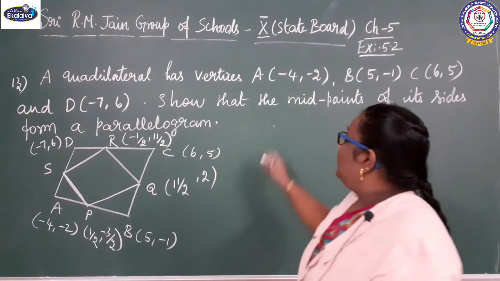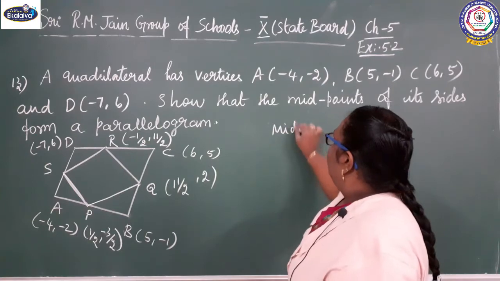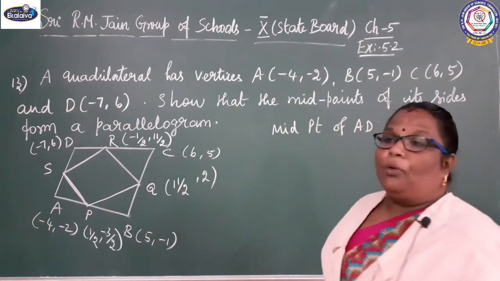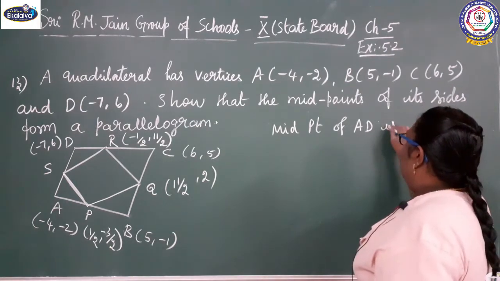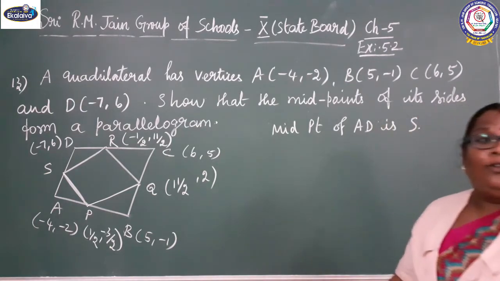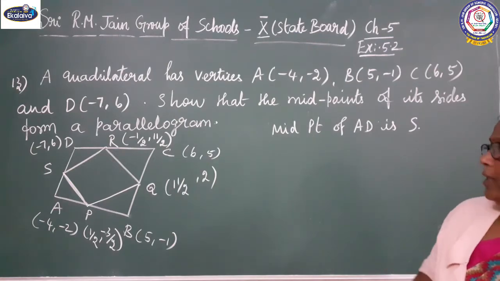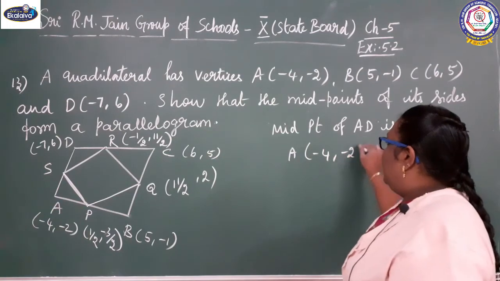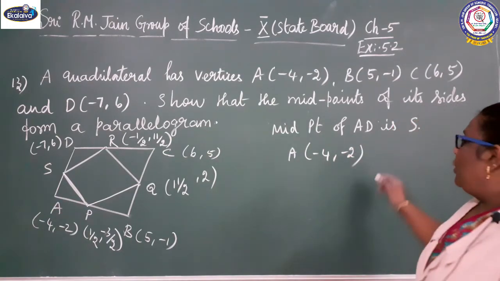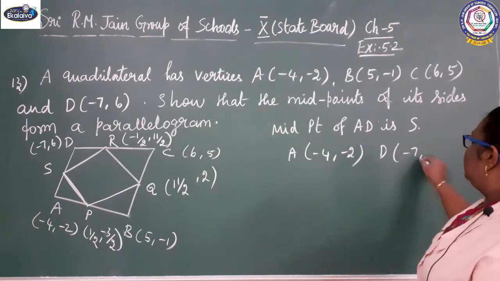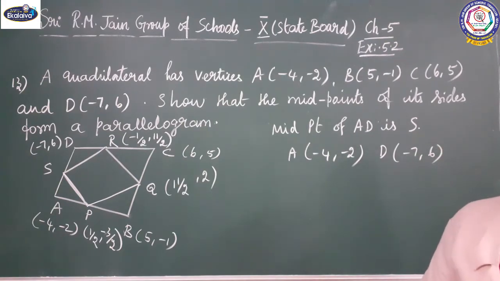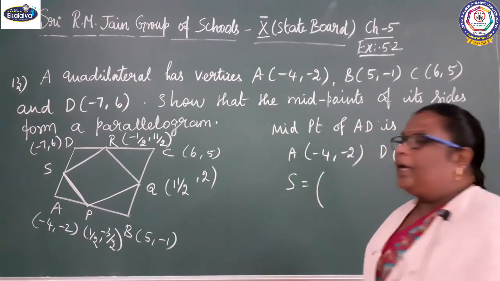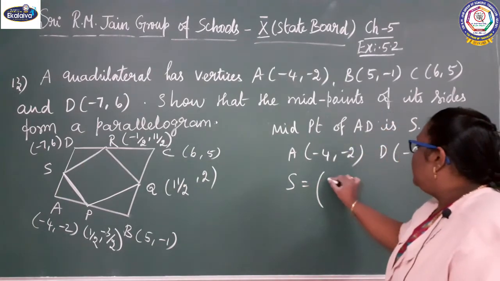Midpoint of AD, or DA, is S. So what is S? A point is minus 4 comma minus 2 and D point is minus 7 comma 6. So S equals x1 plus x2 by 2, the same thing you can proceed.